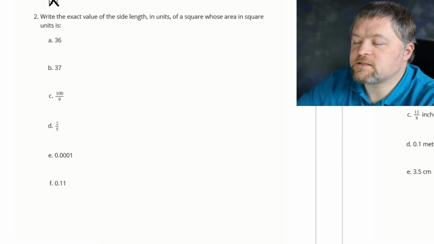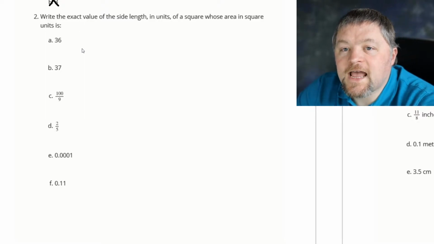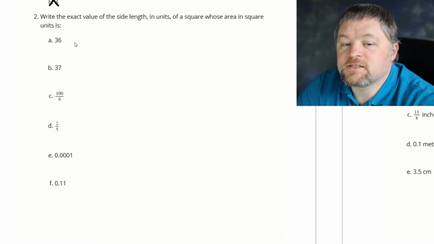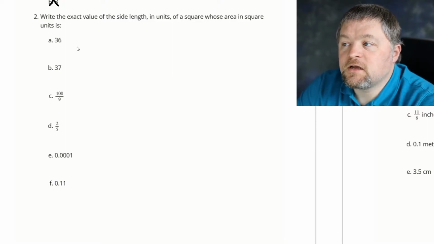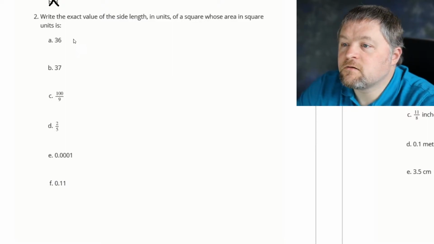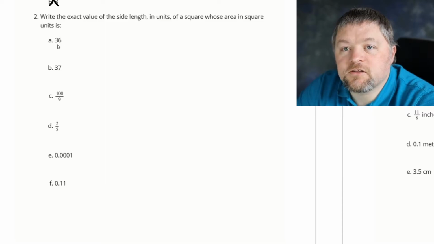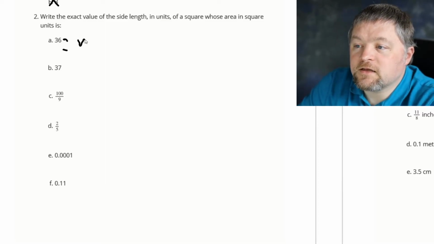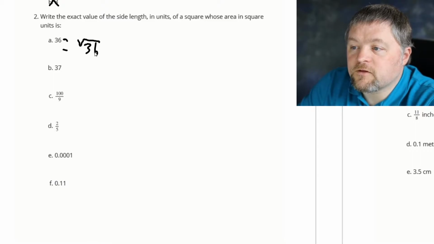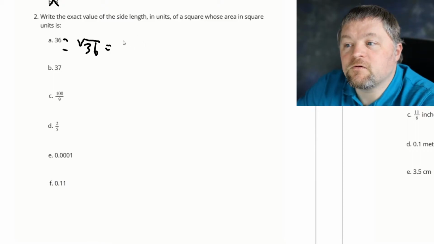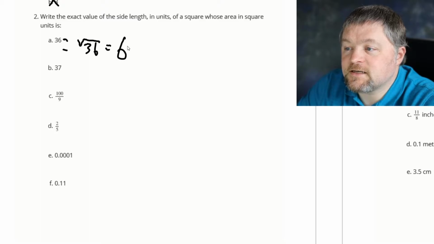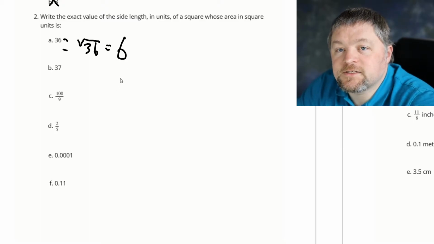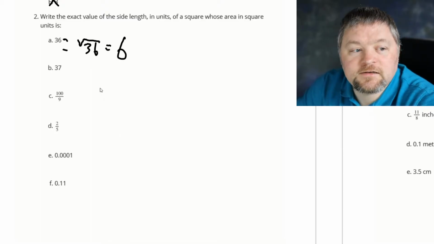Now our next question here is, what is the exact value of the side length in units of a square whose area in units is 36? Well, this would be the square root of 36, which we know is 6, because 6 times 6 is 36.